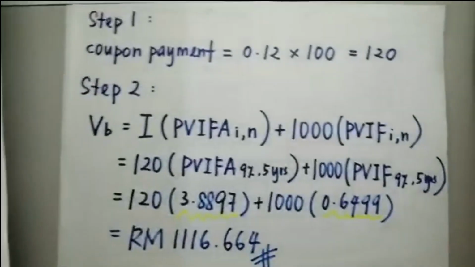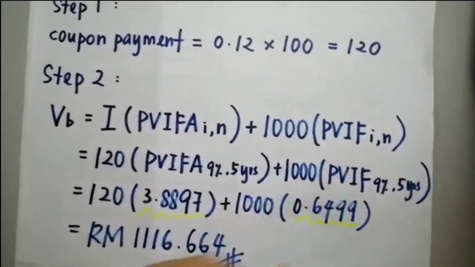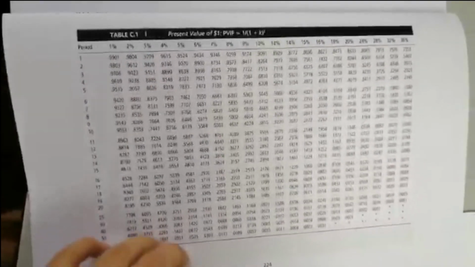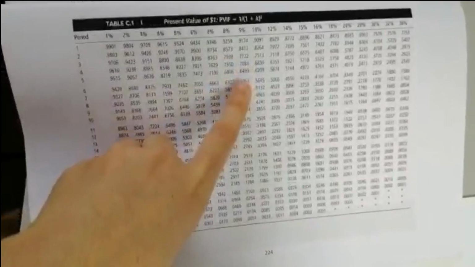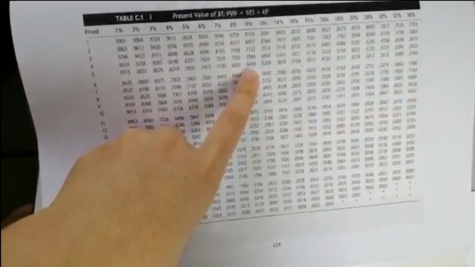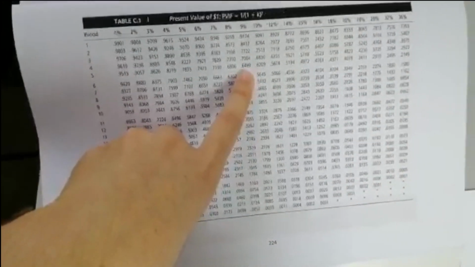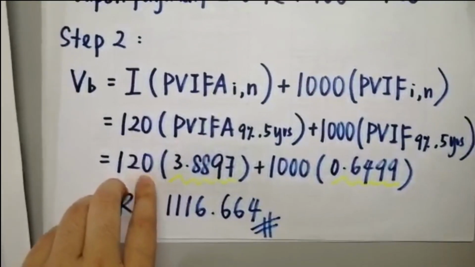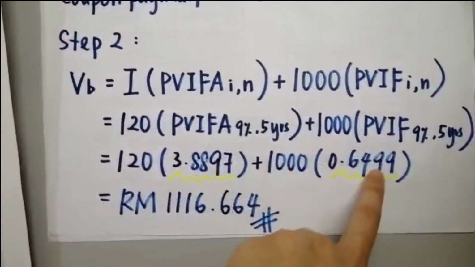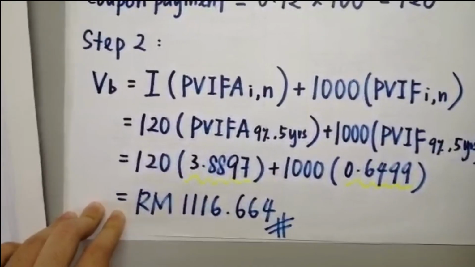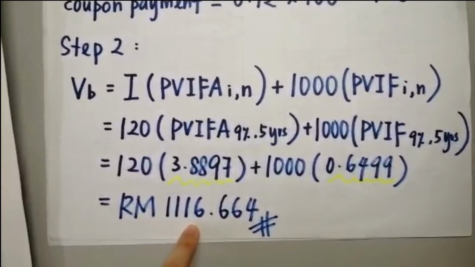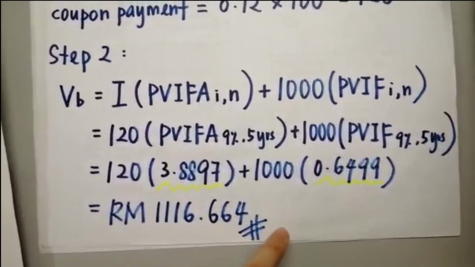For the PVIF we refer to the PVIF table, 9% and 5 years, which is 0.6499. Then after calculating all these values, the final answer we get is 1116.664 ringgit.